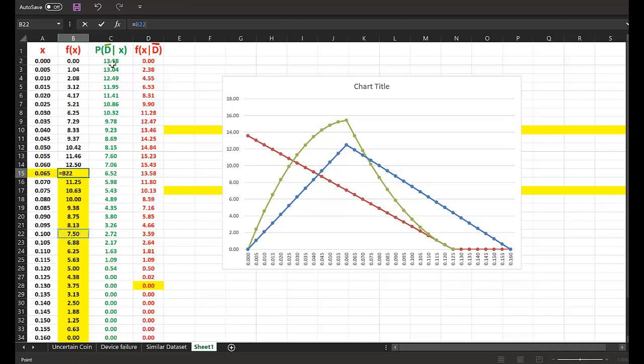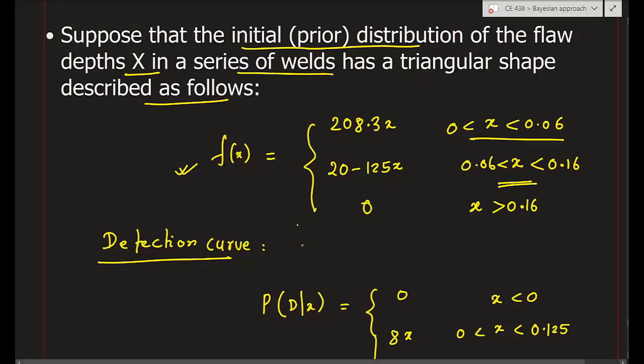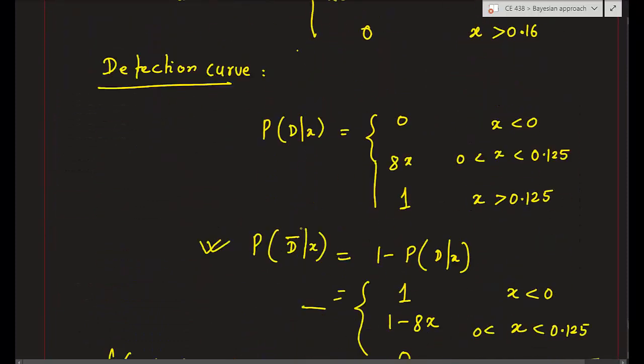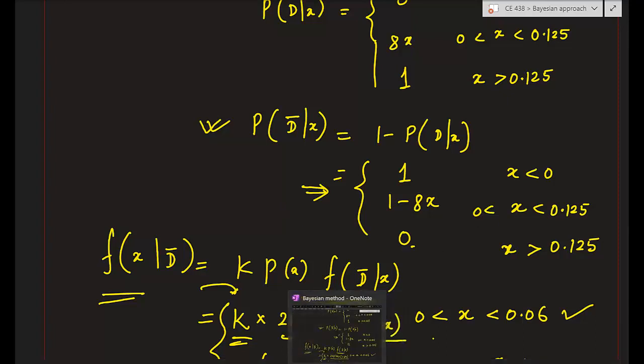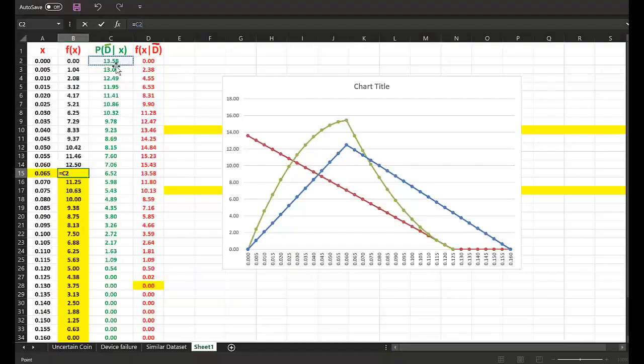Now we can calculate the probability of d bar given x, that is the likelihood. If you see here, we have this function, d bar given x. So this function is the likelihood. When x is less than 0, we have 1, and then we have 1 minus 8x. So basically we plotted it here.